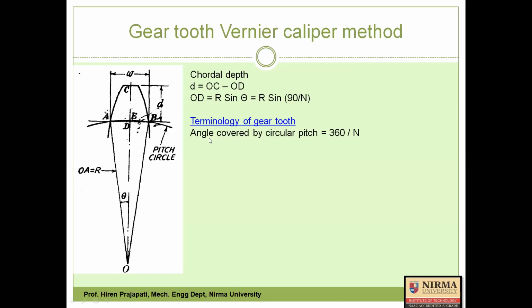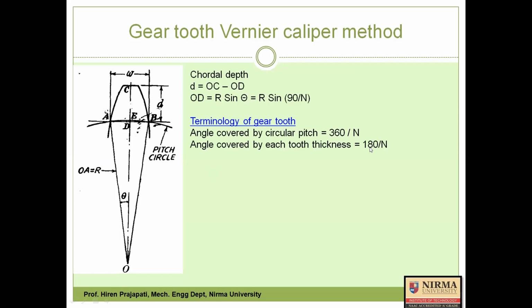Then if you look here, the angle covered by one circular pitch is 360 by N, as we have seen in the previous slide. The angle covered by each tooth thickness is half of that.